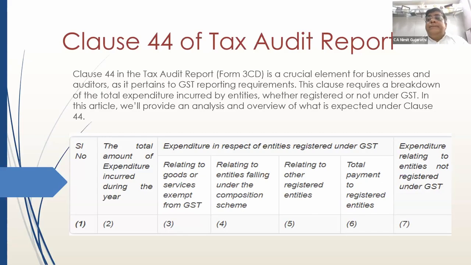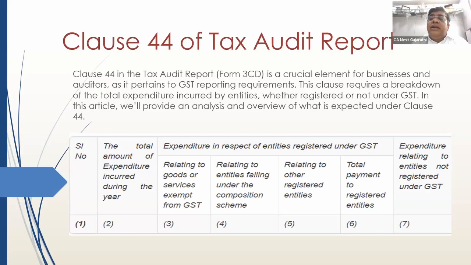Now these columns are well designed. They are not designed based on some experiment, and these columns are going on increasing. Also remember, the tax audit clause 44 is talking about total expenditure. It is not restricted to indirect expenditure.